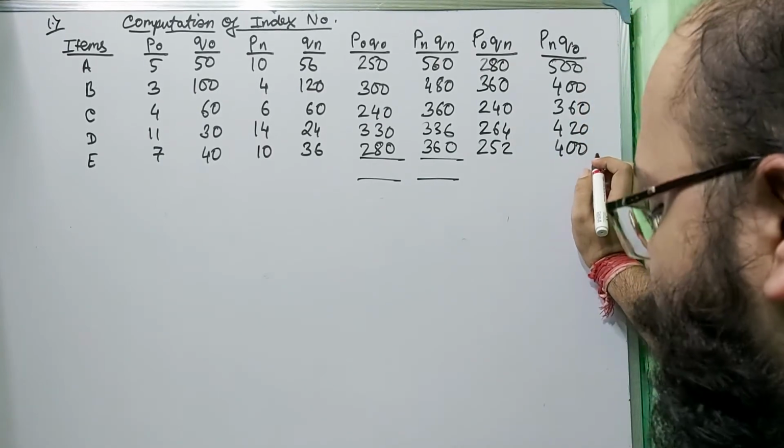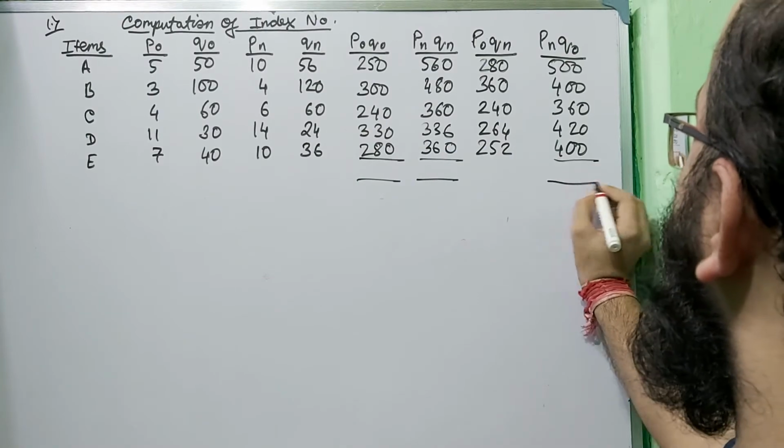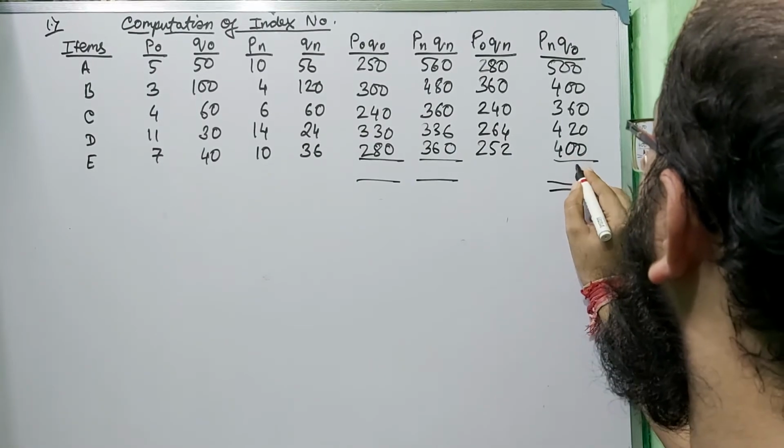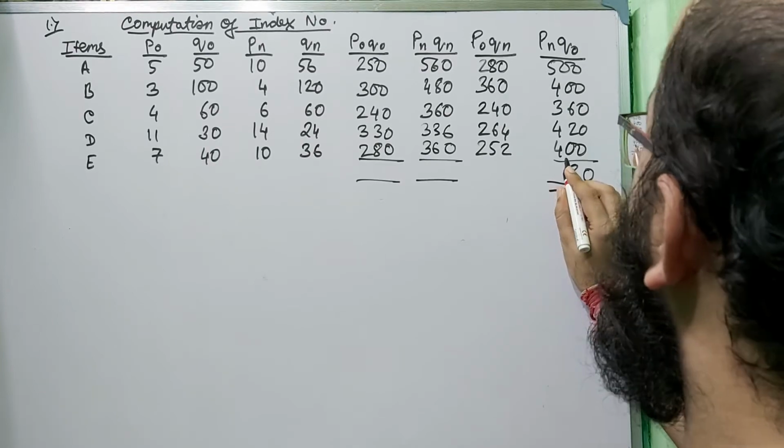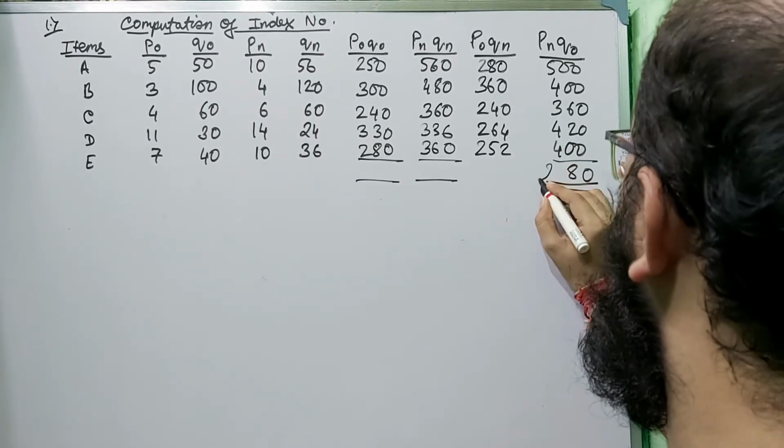Five hundred, 400, 360, 420, 400 gives the total 2080.